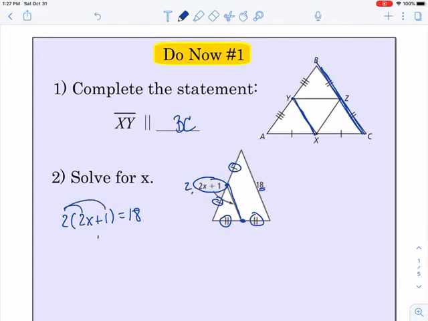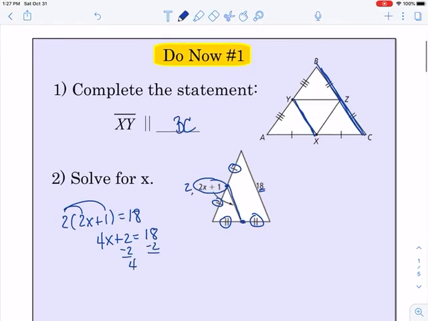We'll distribute that 2 on the left-hand side, so I'll have 4x plus 2 equals 18. Subtract 2 from both sides, and 4x is going to equal 16. Divide both sides by 4, and x is going to equal 4. It just asked me to find x. I found it. I don't need to do anything else.